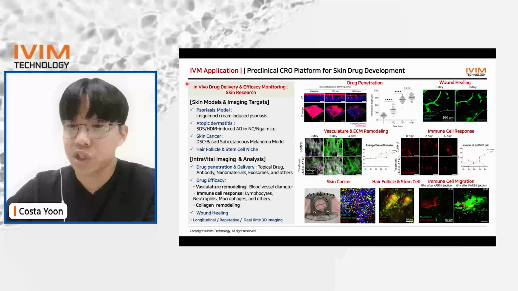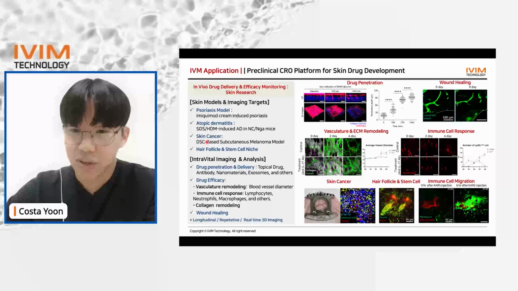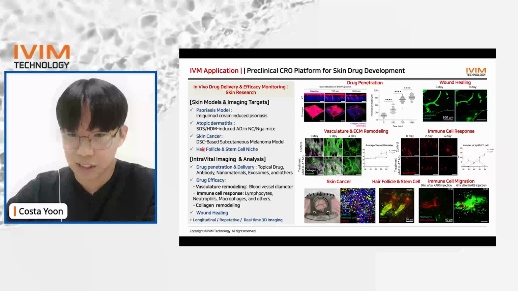Based on the research cases presented today, we provide integrated services for skin research. We develop models of psoriasis, atopic dermatitis, skin cancer, and others. We also conduct intravital microscopy-based preclinical CRO studies and quantitative data analysis.